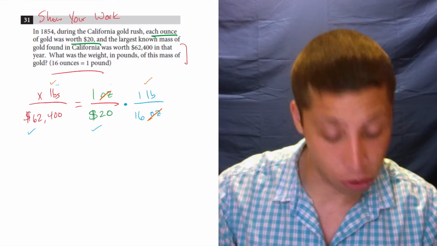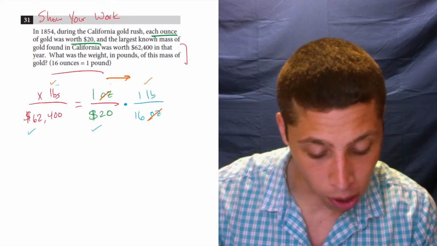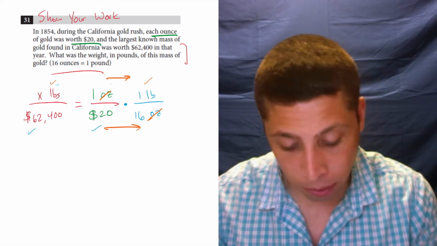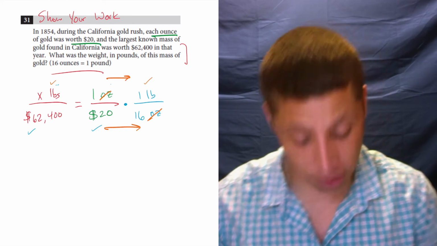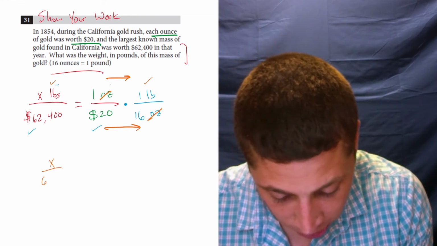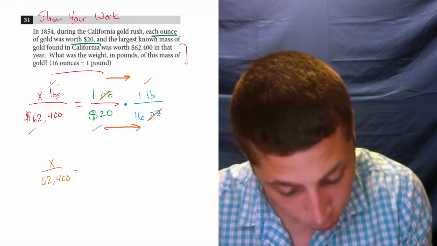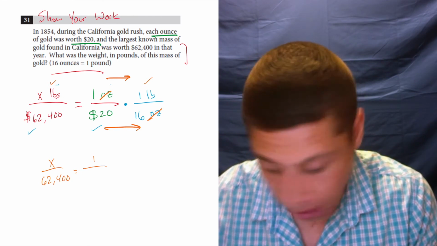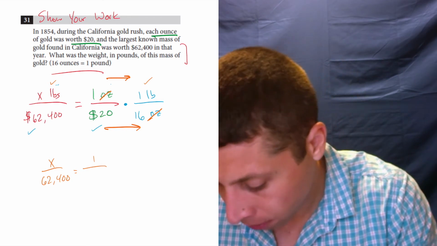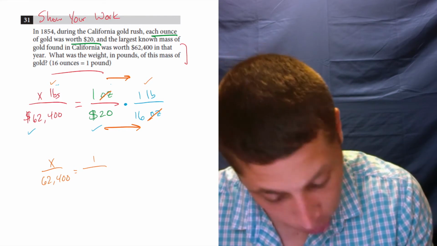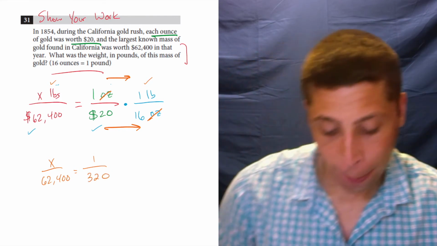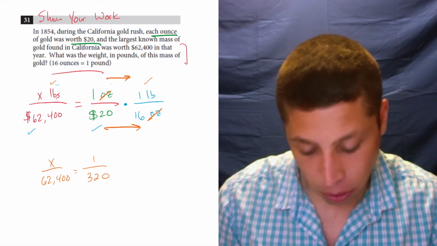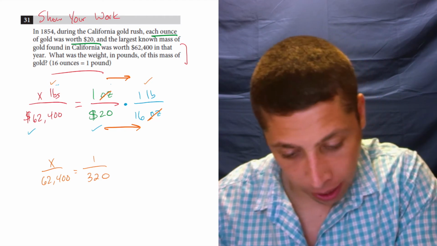And now I can just do some normal math, right? So I multiply across, and I'm going to reduce all these fractions. So x over 62,400 is equal to 1 times 1 over 20 times 16, which is 320. There are other clever ways to do it, but I'm just going to do it the traditional way and cross multiply.